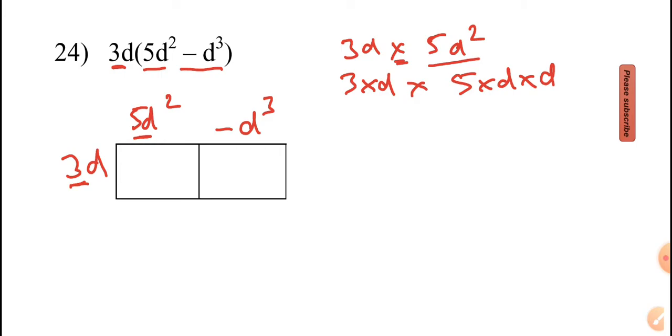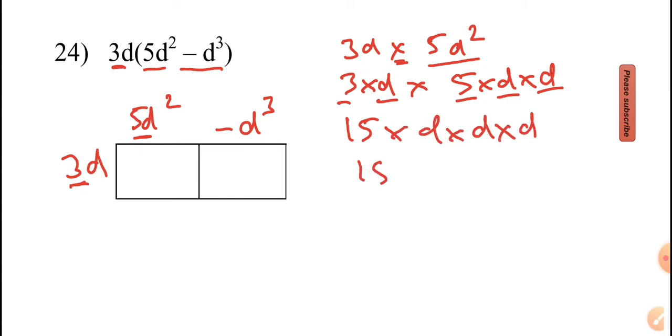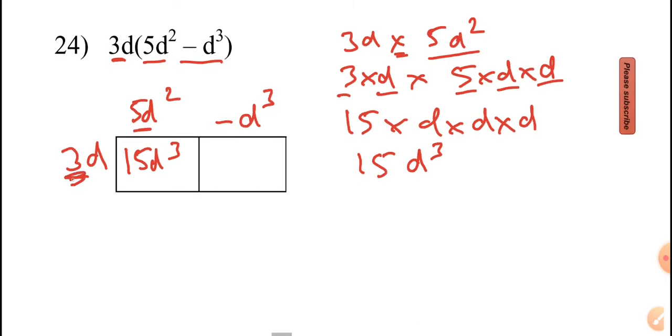Because they're all multiplied together, we can multiply them in any order. So first we do 3 times 5, which is 15, and then we've got d times d times d, which you can just write as 15d cube. And then we have to do 3d times minus d cube.